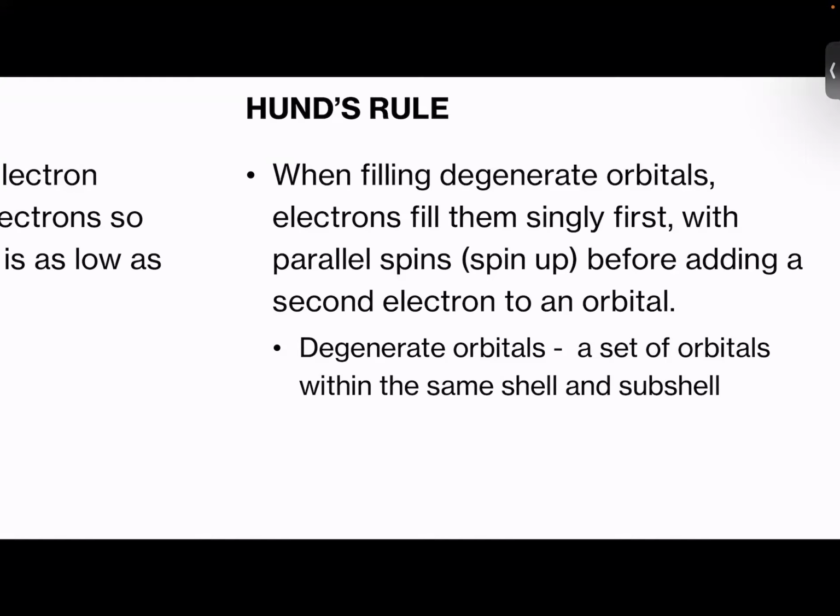The d subshell means that l is equal to 2. If l is equal to 2, then the options of m sub l are -2, -1, 0, 1, and 2. It has 5 orbitals. So the d subshell represents a set of degenerate orbitals. We would put 1 electron in each orbital before we pair them. That's what Hund's rule states.